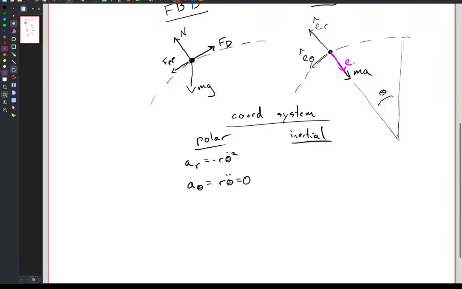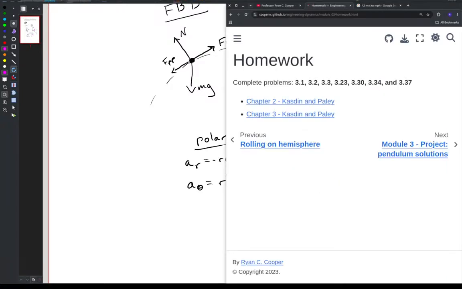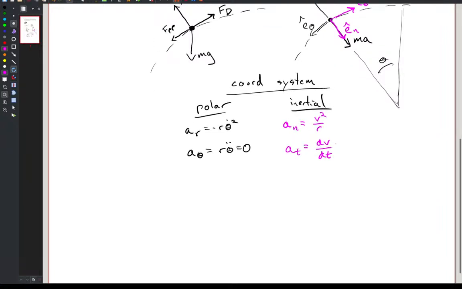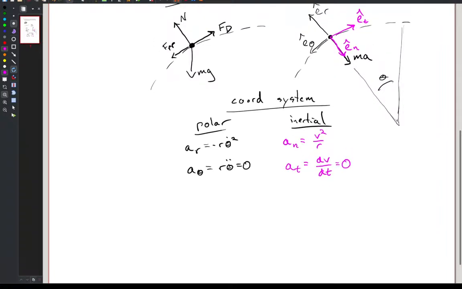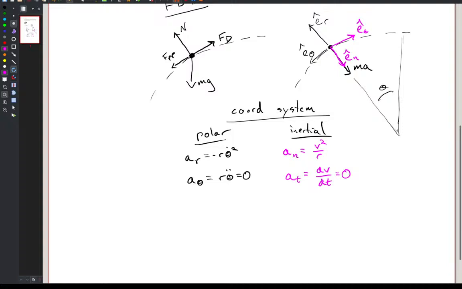So here I have this E normal, E tangent, oh my god, keeps popping up. So in that inertial frame, we have two components. One of them ends up being 0, same as the polar coordinates.